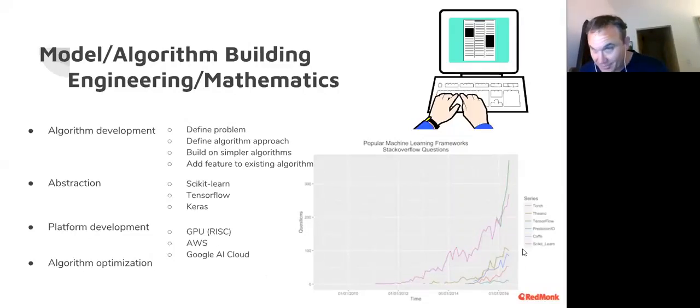This is all just as of 2016. Keras is newer than this graph. Sorry about that, I should find another graph to replace that. But scikit-learn's been around for a while, and other ones are coming up. They all have the same idea in mind, to give you a tool set of machine learning algorithms to pull from.